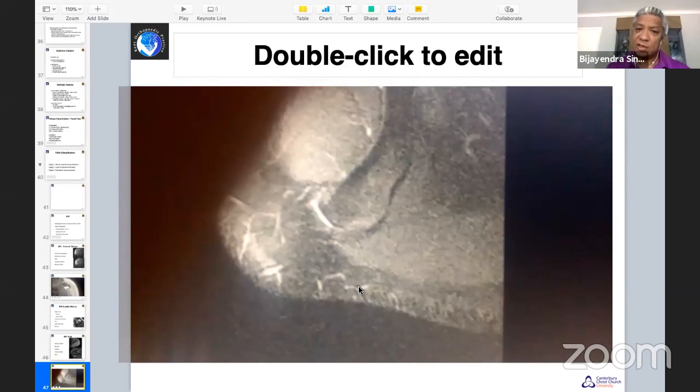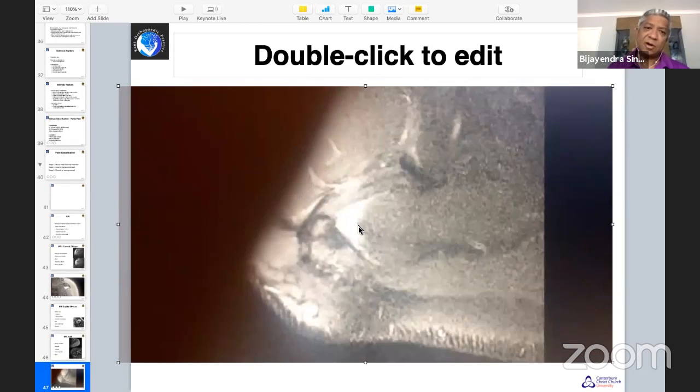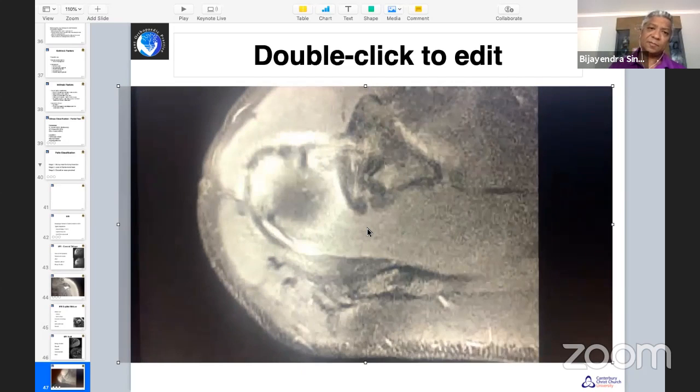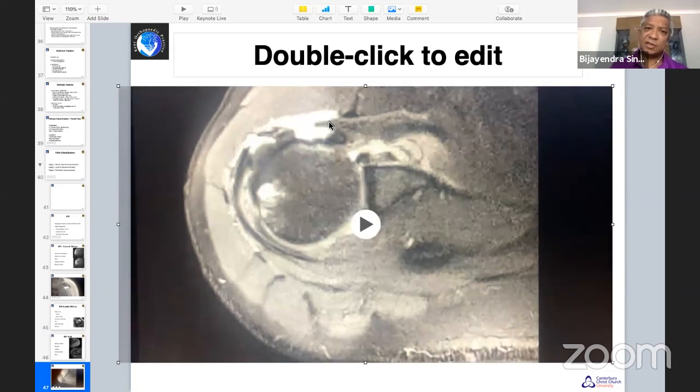So let's look at this axial MRI scan. In the axial MR, you can also look at the AC joint. So this is now just coming up to the supraspinatus tendon and the humeral head and the glenoid coming in. And if I pause it there, you can see this is the subscapularis, with fluid on it.